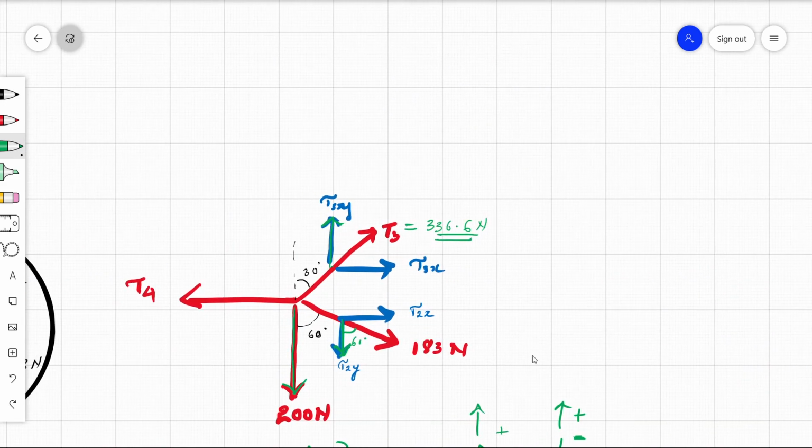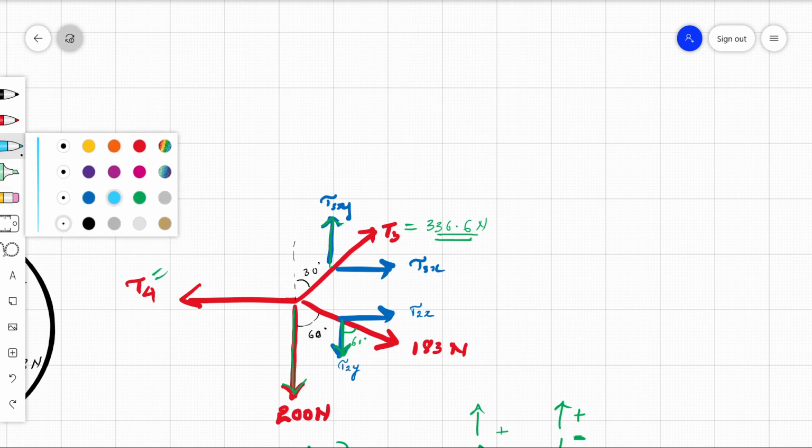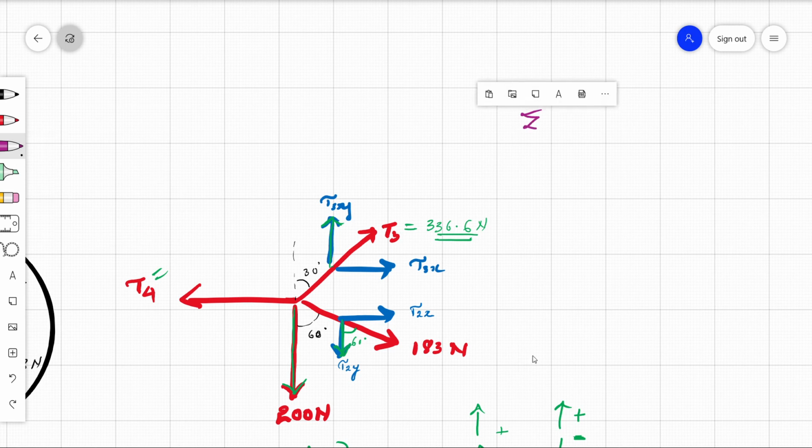Okay. Now what is the next thing we need? The last thing, that is T4. So let us go with the one more thing, that is summation of horizontal force is equal to 0. Summation of vertical is done, now horizontal.